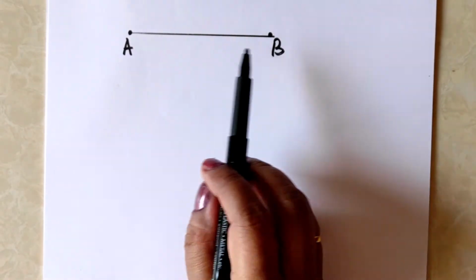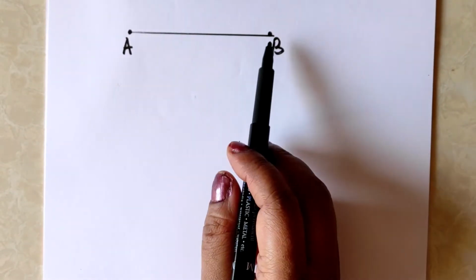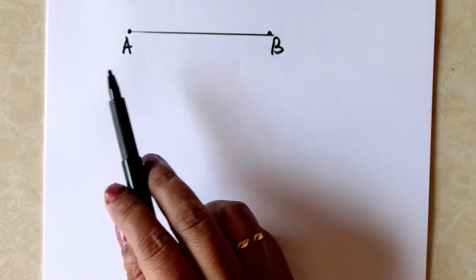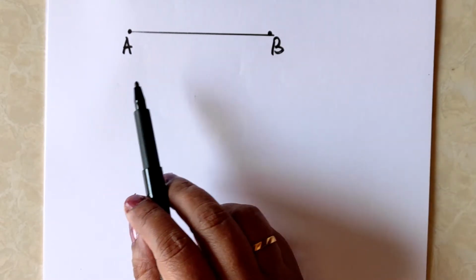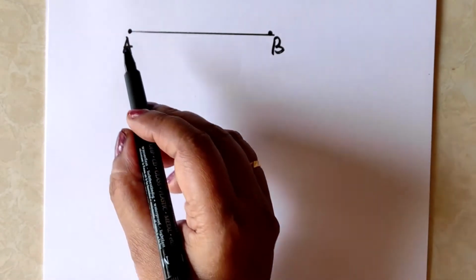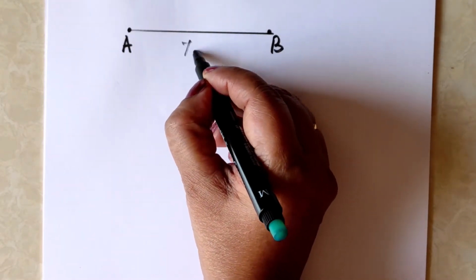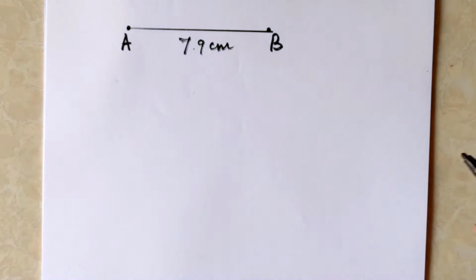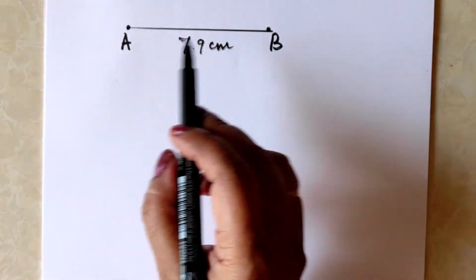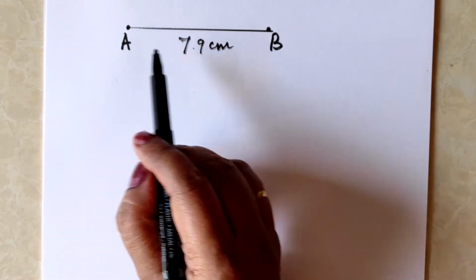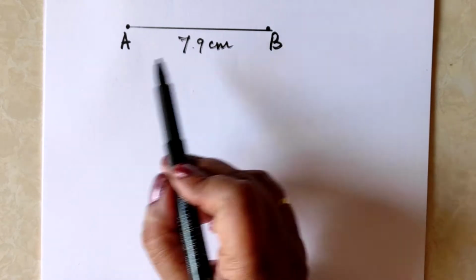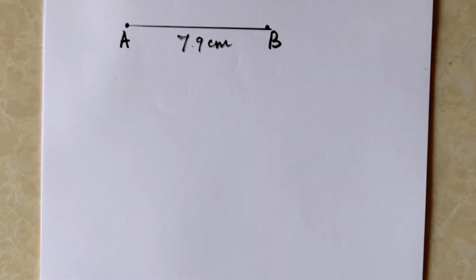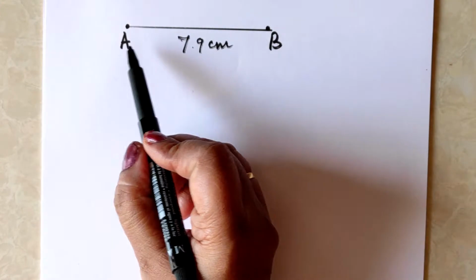These 2 points A and B form a line. The straight path from A to B is called the line segment AB, and its measure is 7.9 centimeter, since I have measured it from the scale, beginning from 0 up to 7.9 centimeter. So this is called a line segment.